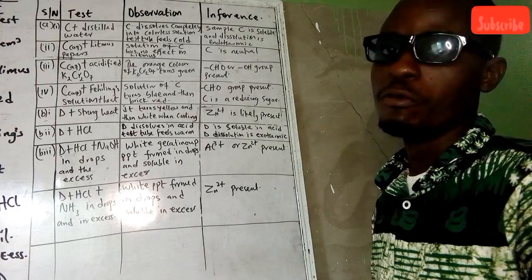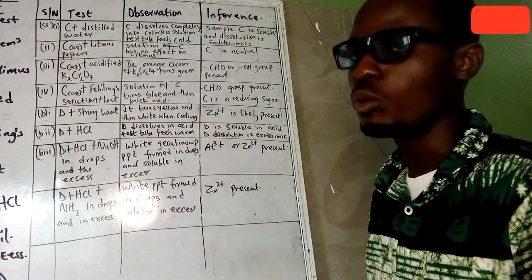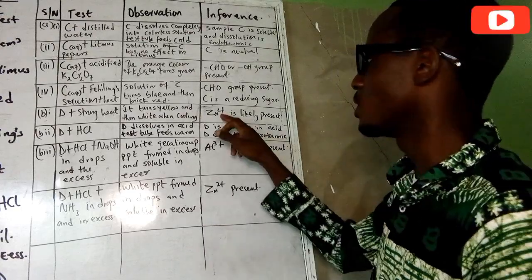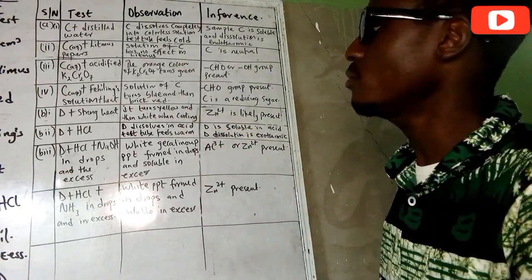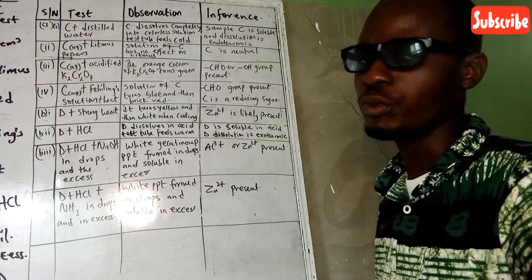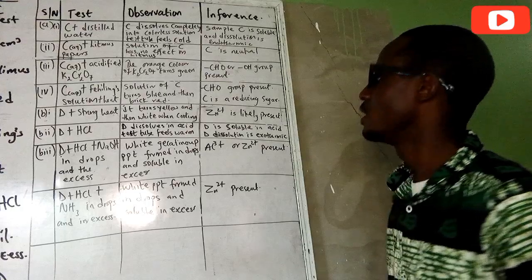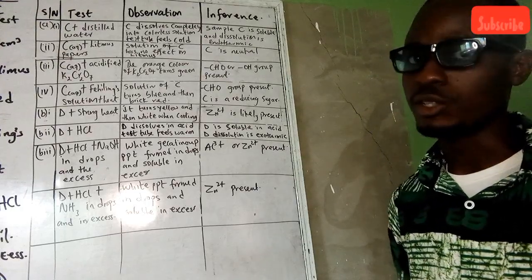Then let's go for D. D plus strong heat, it turns yellow. Then when we leave it to cool, it turns back to white. So we can say zinc is likely to be present. Then on addition of HCl to D, it dissolves and the test tube feels warm. So it is soluble in acid, and the dissolution is exothermic.